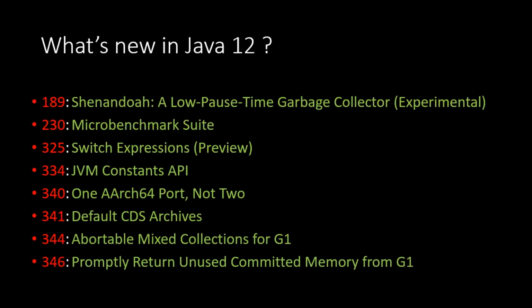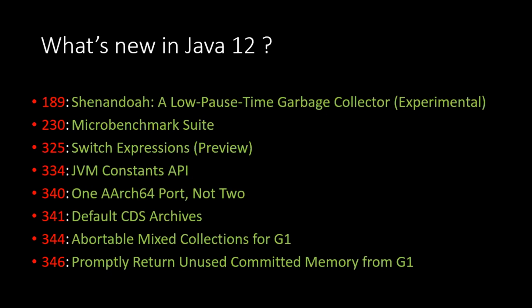Just to rephrase, the Shenandoah algorithm has been introduced, and microbenchmark suites have been added for performance testing. Also, a new modified version of switch expression has been introduced. A new package has been provided to handle JVM constant APIs, and duplicate source code has been removed, particularly for the ARM64 port. Implementation source code has been deprecated in JDK 12.